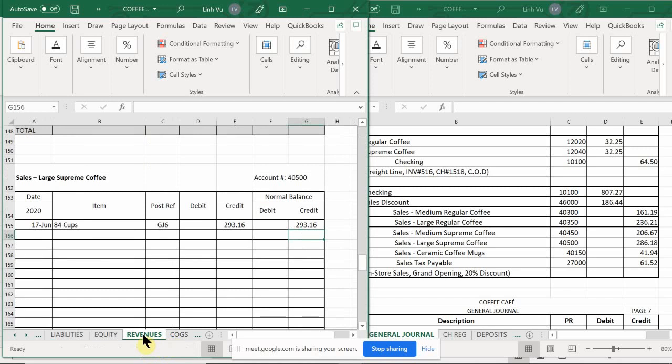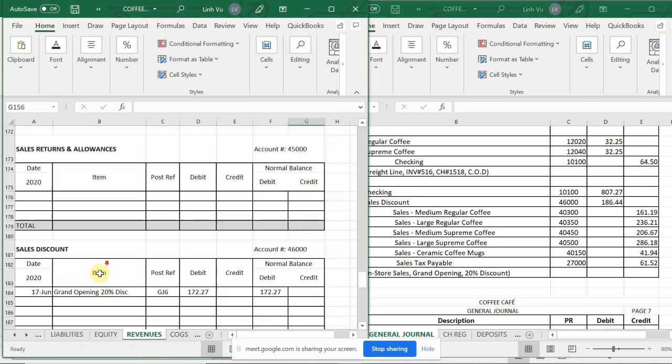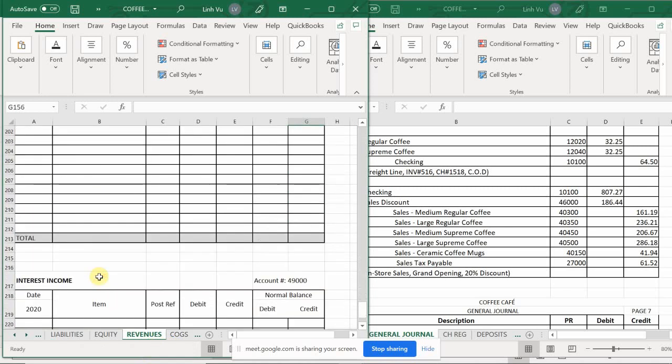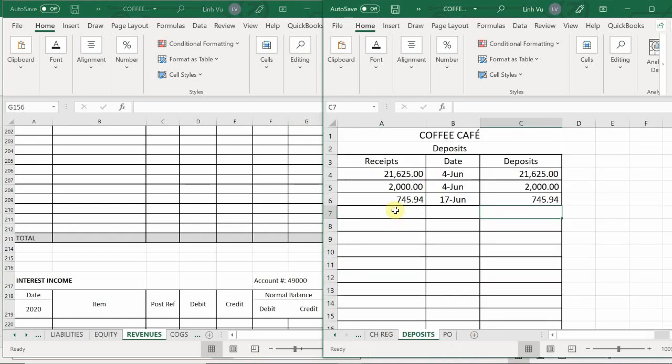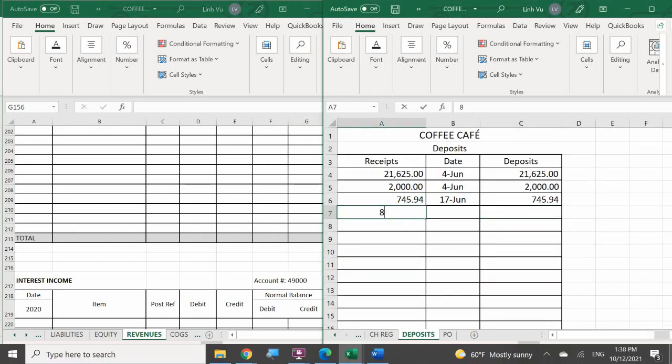So we're going to do the deposit first before we forget. Yeah, we could do the deposit first. Okay, so we go to the bank deposit for 807.27.